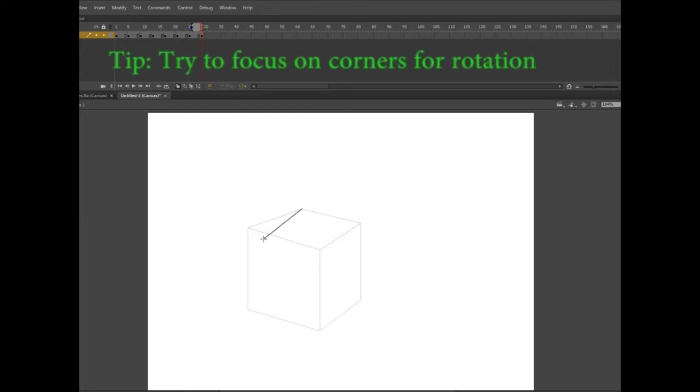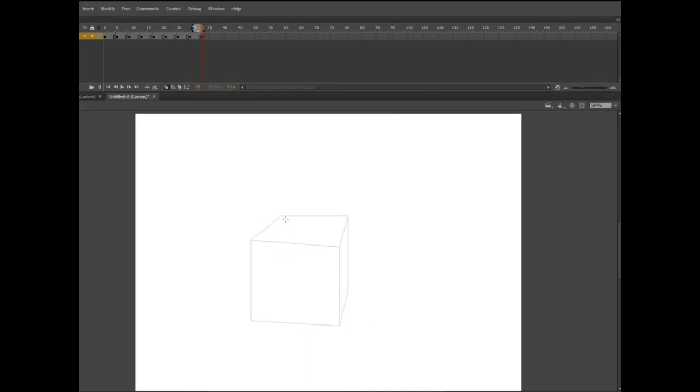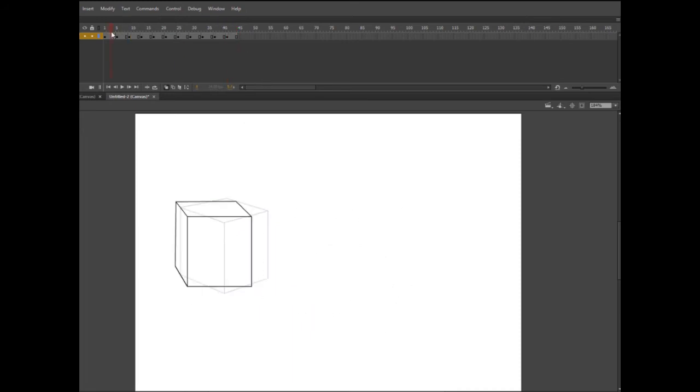It wasn't until maybe the third or fourth frame that I figured out it's all in the corners, because at first I was concentrating on the faces of the box. But when I started concentrating on where the corners were going to move, it became a lot easier for me. And I also went along with making the object move closer to the screen, so it got bigger as I rotated it.